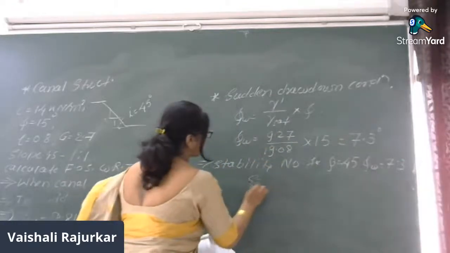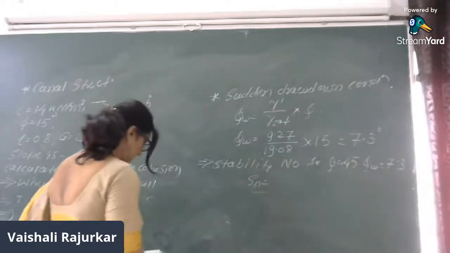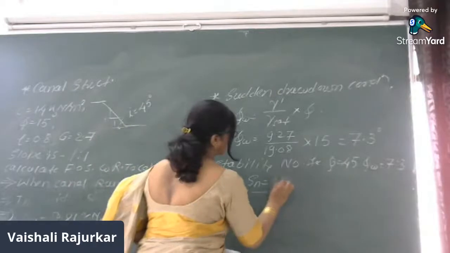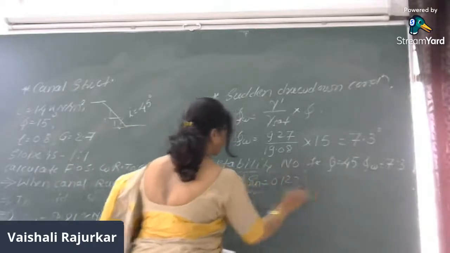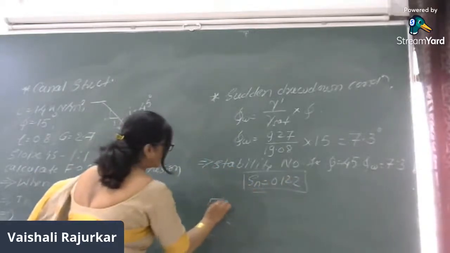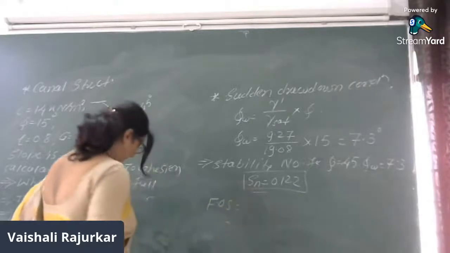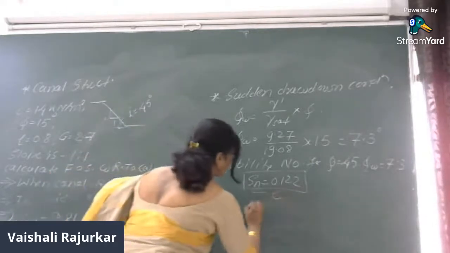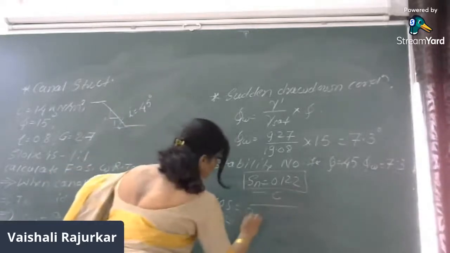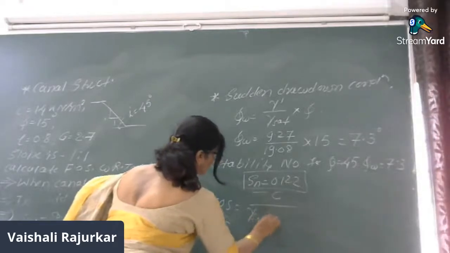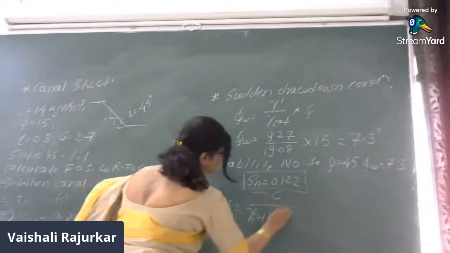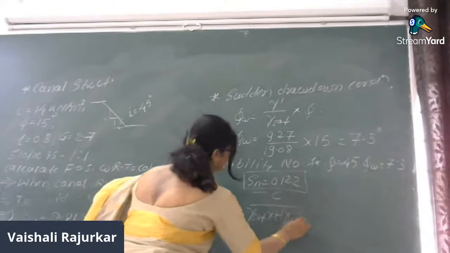So Sn is found from the graph to be 0.122. And therefore we will calculate the factor of safety, which is equal to C upon gamma saturated into H into Sn.